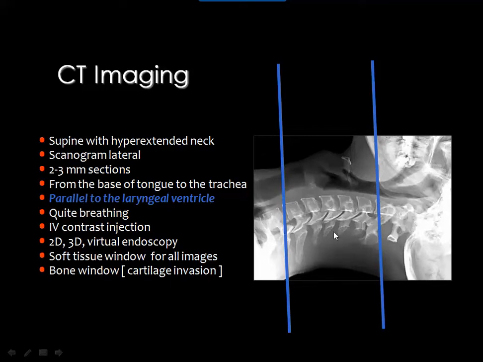The sections are usually taken at 2 or 3 millimeter scan intervals, and they are usually oriented parallel to the laryngeal ventricle, which is located, as I will mention, between the false and true vocal cords.